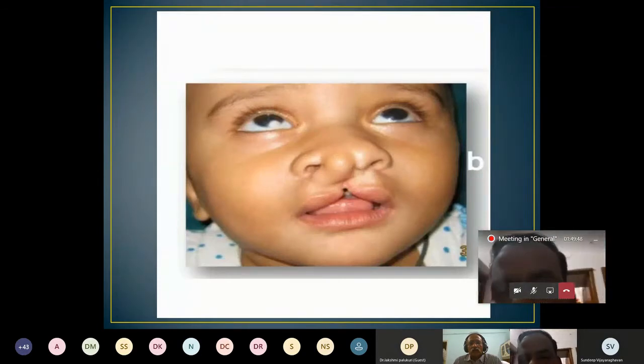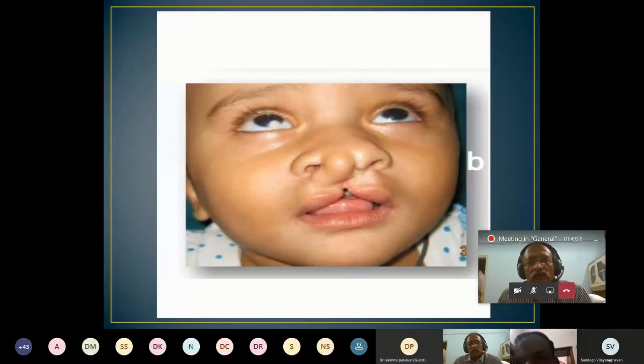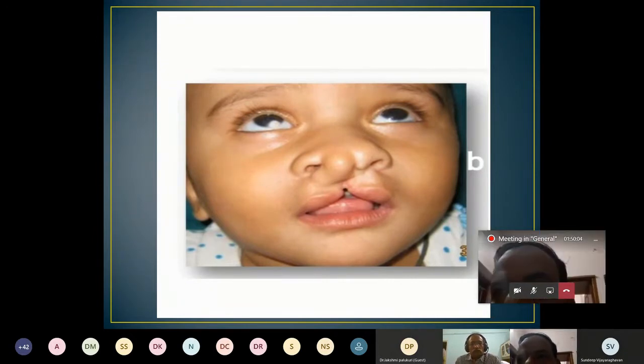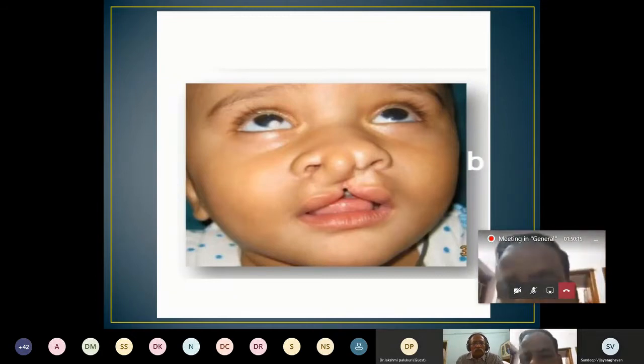Okay. Now we'll come to the findings and we'll discuss this case. Since it is spotters, we will not go into the details about the history. What investigations will you do in this particular case? In this patient, I want to do routine investigations along with a 3D CT of the face to look for any cleft palate, and CT head, because it's a zero cleft.